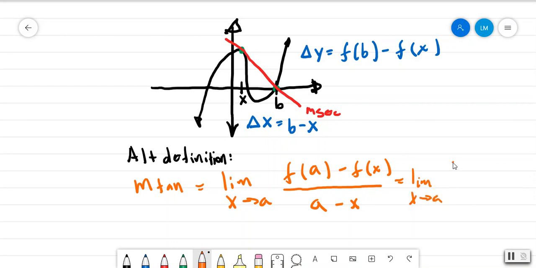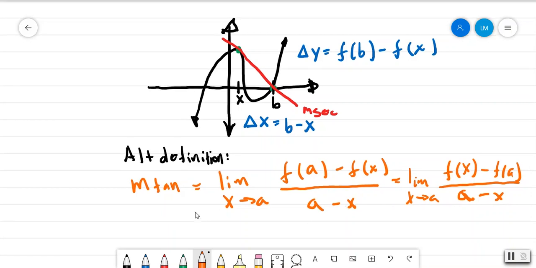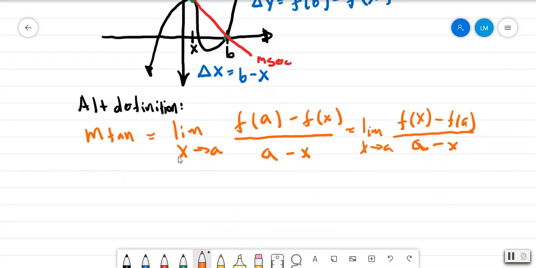If you want to write it like that, that's also fine. If you prefer something standard to your average rate of change, then this would probably be more ideal, because you have a minus x. So this gives you the same thing in terms of finding the slope of the tangent or the instantaneous rate of change.